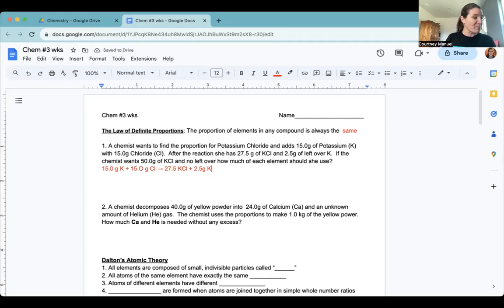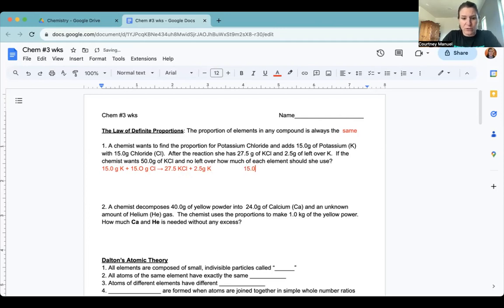So what we're going to do is we're going to put that into a ratio. So for every gram of potassium, we're going to create a gram over here. So we're going to put potassium over potassium chloride because we know how much of them we used. We used all the chloride, so we can start there. It doesn't really matter which one you use.